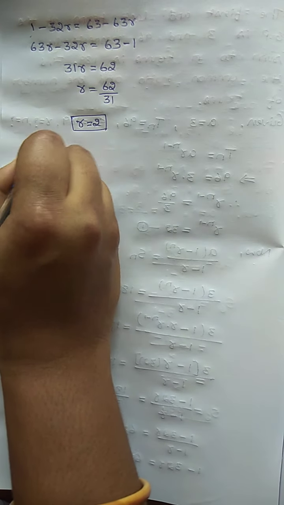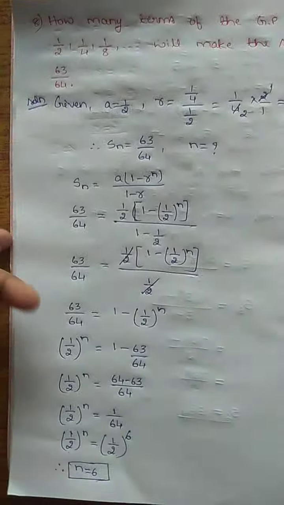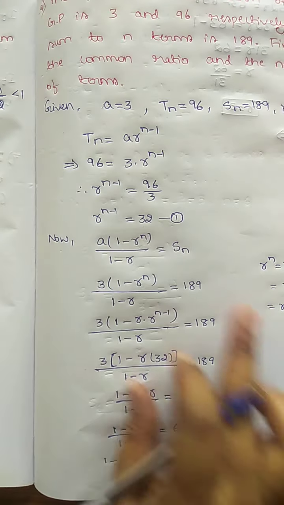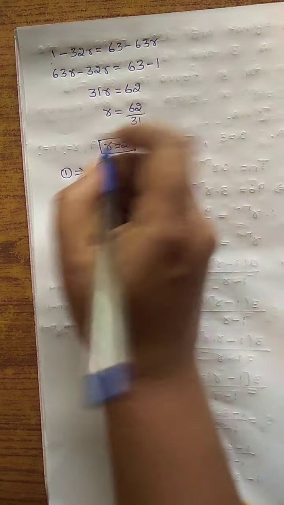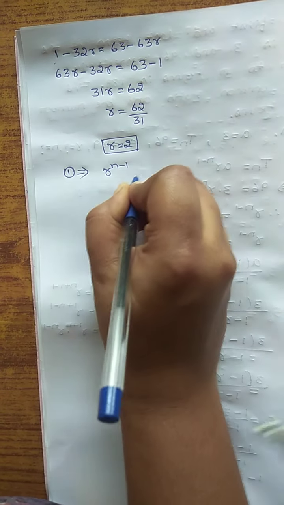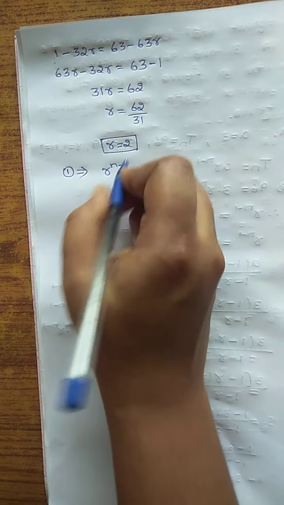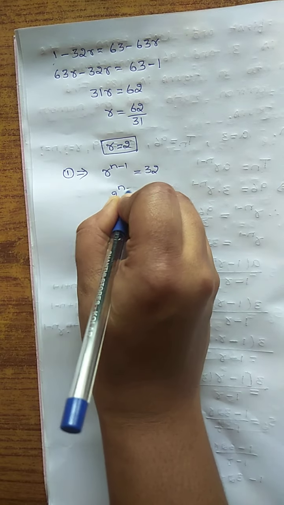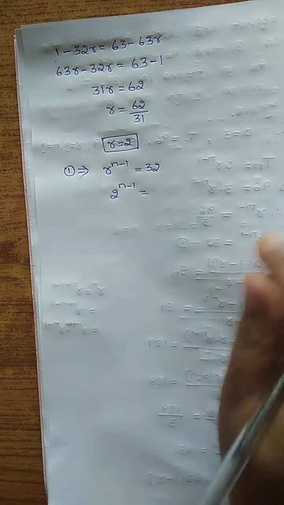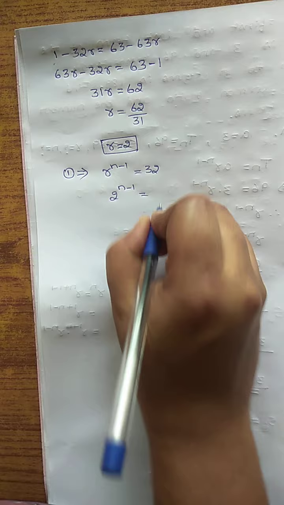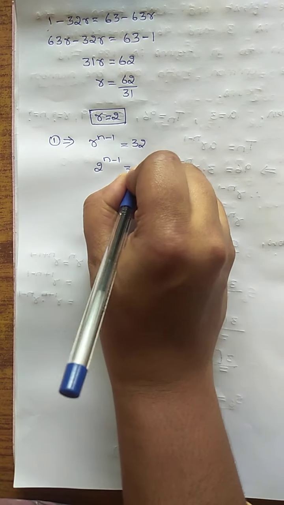Now, equation 1 implies, see, what is equation 1? Equation 1 is r power n minus 1 equal to 32. r is 2. 2 power n minus 1 equal to 32, can be written as 2 power 5.